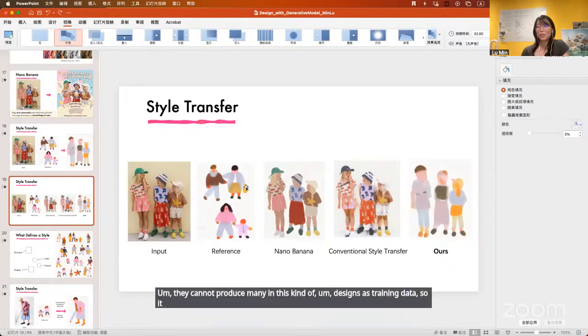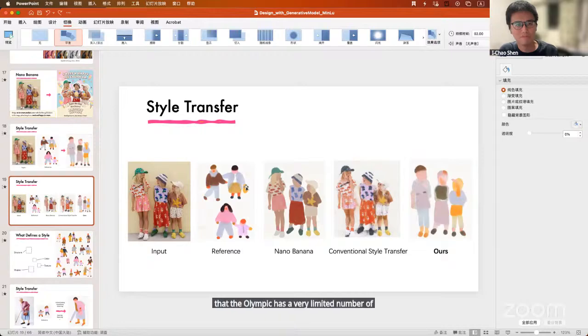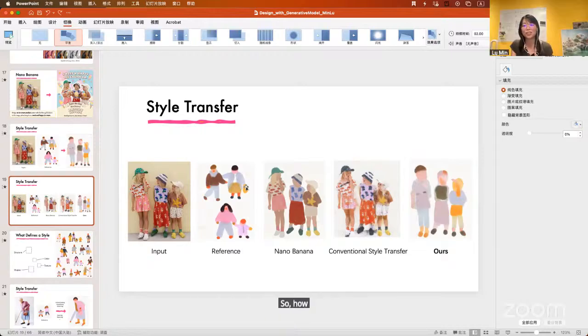So it's like small sample learning. For this kind of task, there is still space for researchers. Consider the Olympic style, which has a very limited number of examples. How can we transfer the style of the Olympics into a regular person's motion? I think it's hard for Gemini or Nano Banana to do that yet.